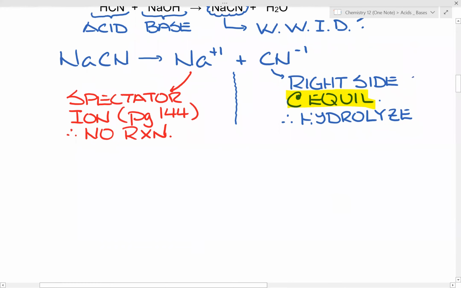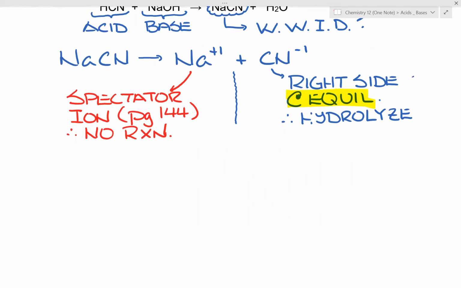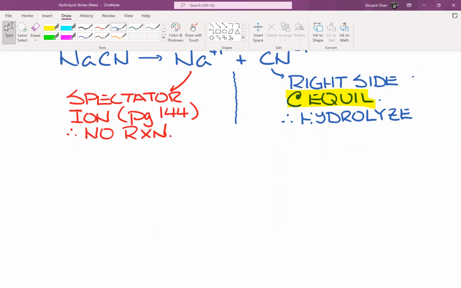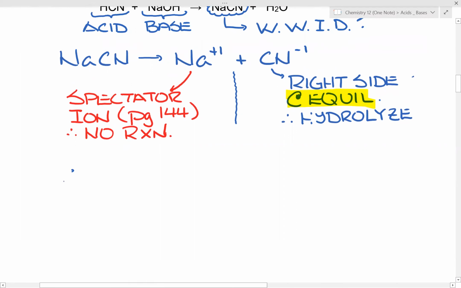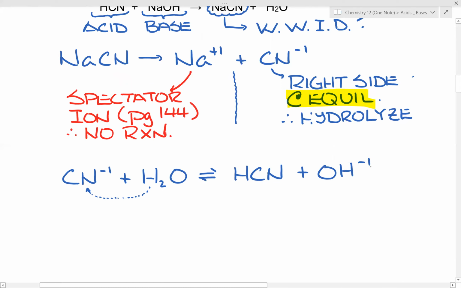Now, in this particular case, you have CN -1. So CN -1 plus water will be in equilibrium with, in this case, it accepts a proton, so you have HCN and OH -1.